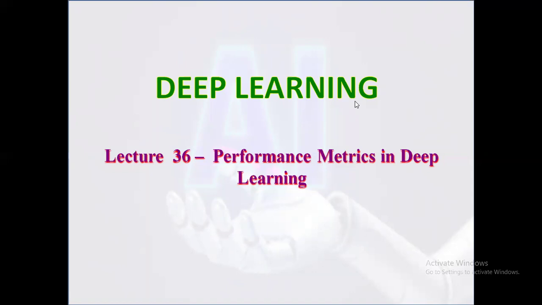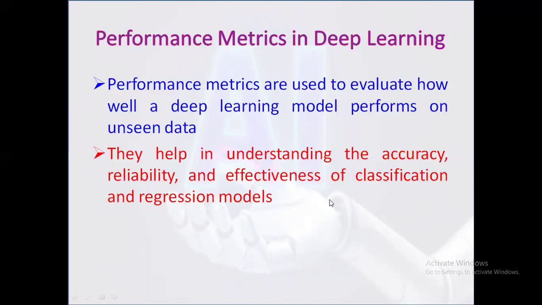In this lecture, I will briefly discuss performance metrics in deep learning. The performance metrics are numerical measures used to evaluate how well a deep learning model works on unseen data rather than only on training samples.